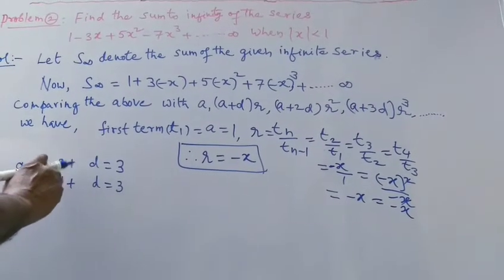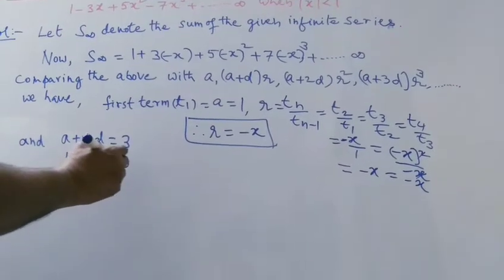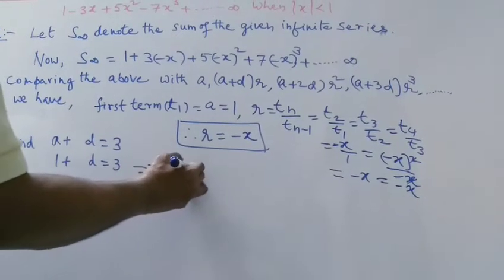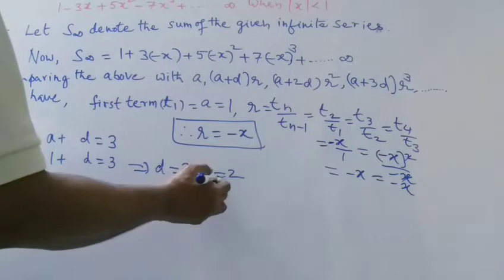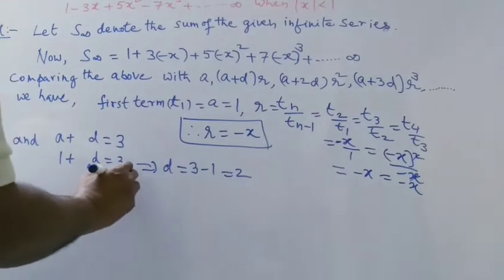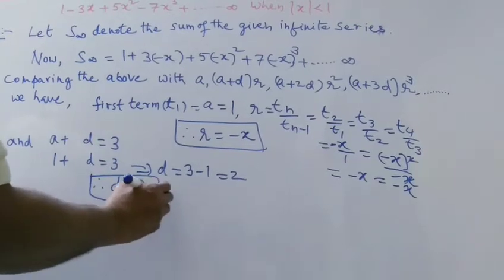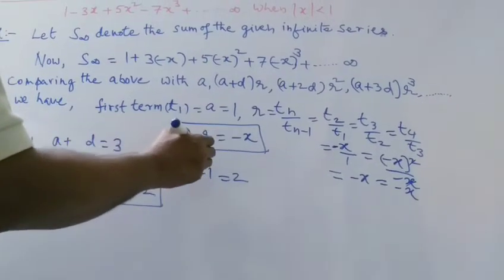After substituting 1 in place of a, 1 plus d is equal to 3. So now d is equal to 3 minus 1 is equal to 2. Therefore the common difference d is equal to 2, and the common ratio R is equal to minus x here.